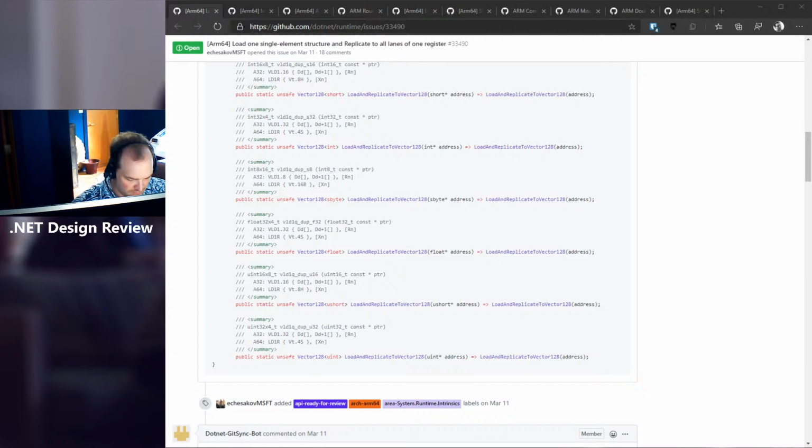Is there any instance where, instead of an explicit load, these would just be replicate? They take an address and a float, and so on. It could take it by value, and it would just actually load if you call it with an address?